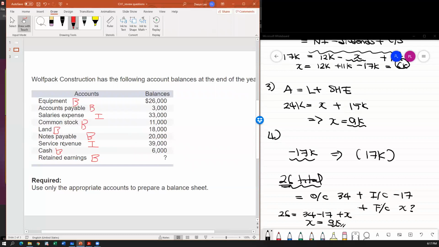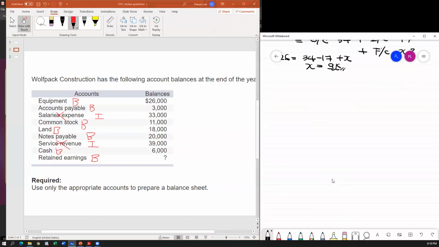So we're not going to use service revenue or sellers' expenses to prepare a balance sheet. We are only going to use the items I just indicated. One of your goals for this course should be to be able to prepare a balance sheet as well as an income statement. So let's try to prepare a balance sheet.